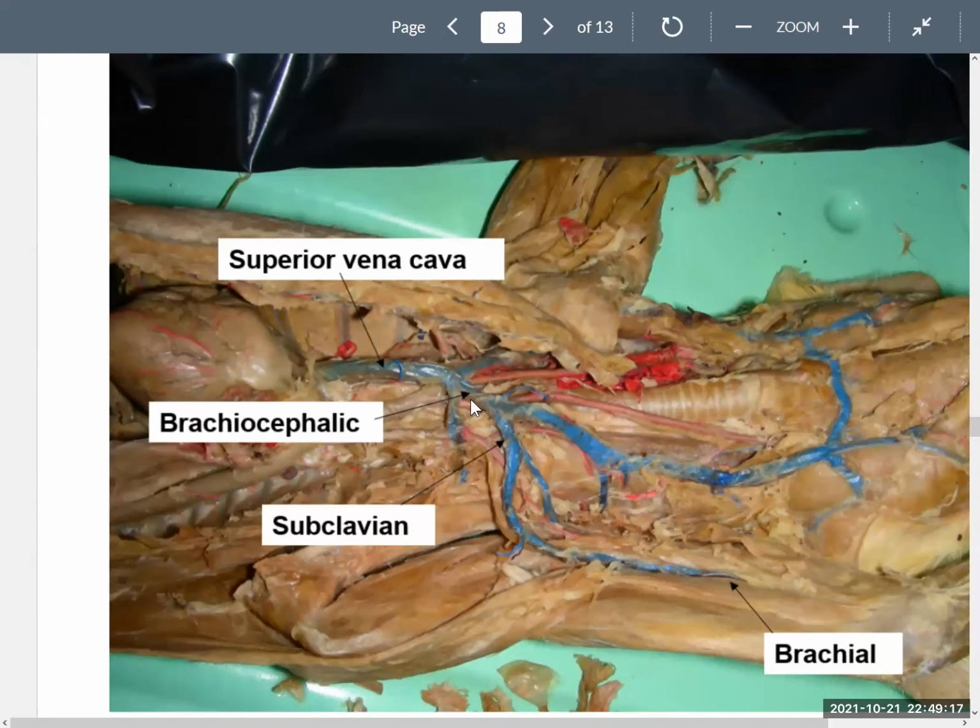So here we are back to brachiocephalic. This is the external jugular. This is the maxillary. This part here is the lingual facial.